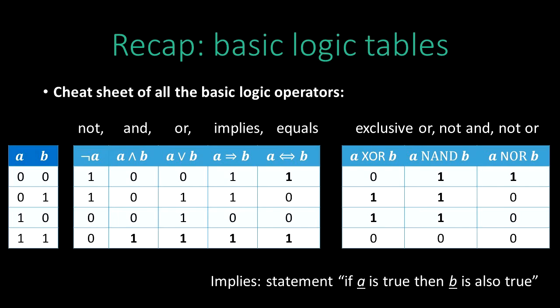So you can look here, this is basically the same thing as here. You could always write it as A and B and then a negation before it, but that's a lot of signs, and sometimes you need to be concise, so you just write NAND. And the same with NOR, it's just the negation of OR.